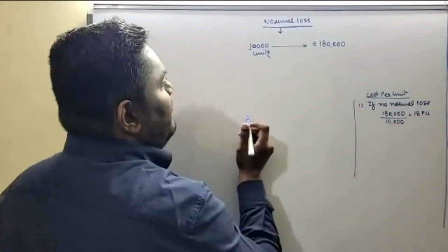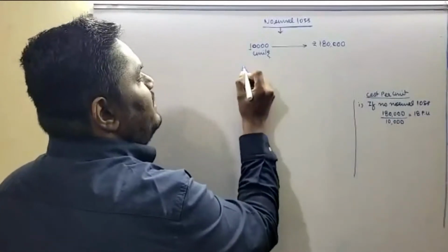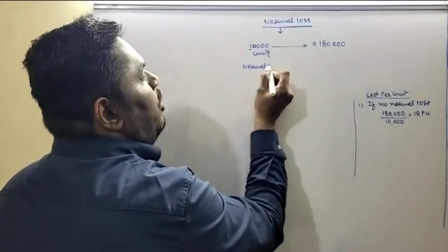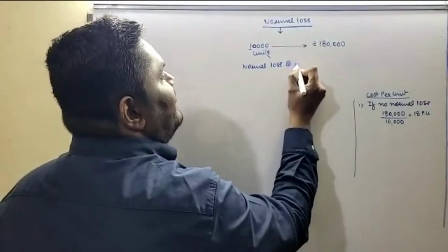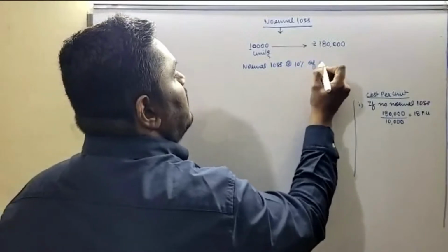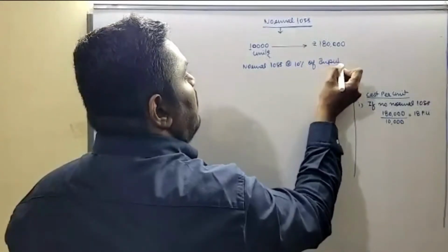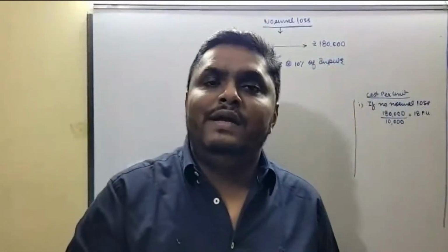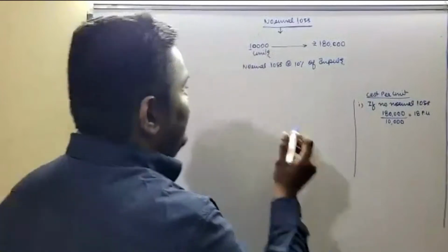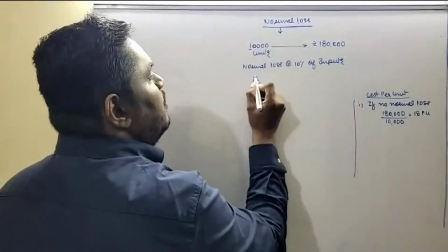Now let's say it is given in the question that the normal loss that is bound to be incurred is at the rate of 10% of input. The loss that is bound to be incurred is 10% of the input.